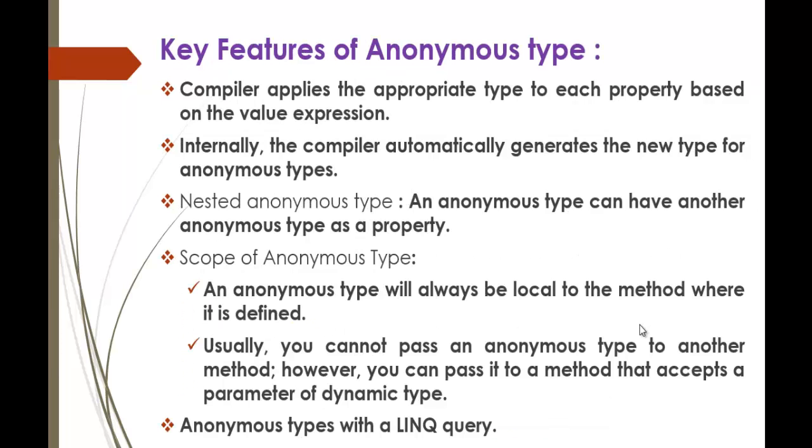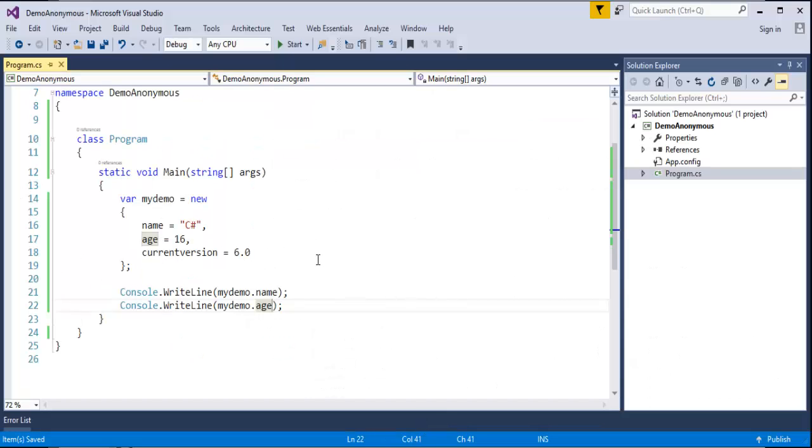Okay, and right now, what are the key features of anonymous types? The compiler applies the appropriate type to each property based on the value of the expression, and internally the compiler automatically generates a new type for the anonymous type. In this program, we have name, which is of type string, age 16 is an integer, and 6.0 is a float.